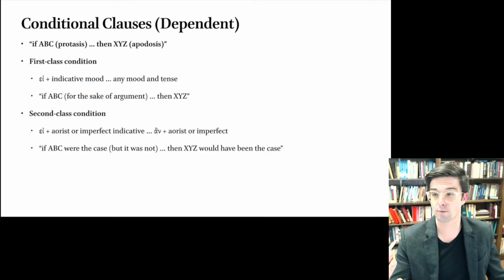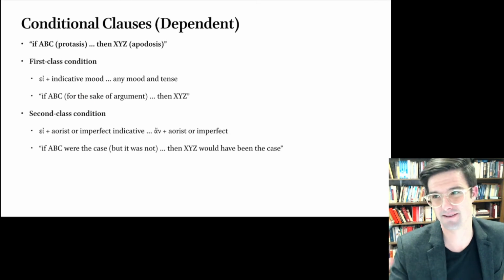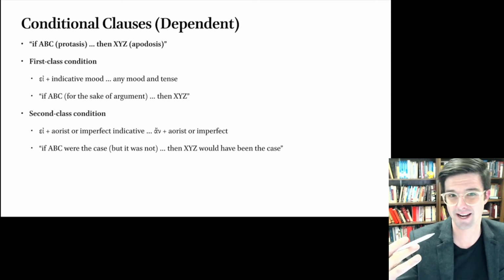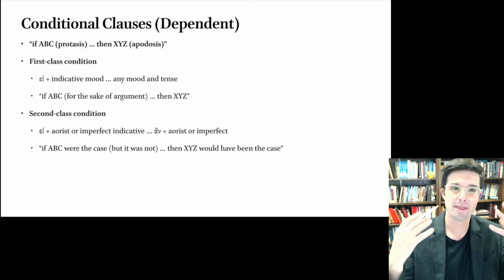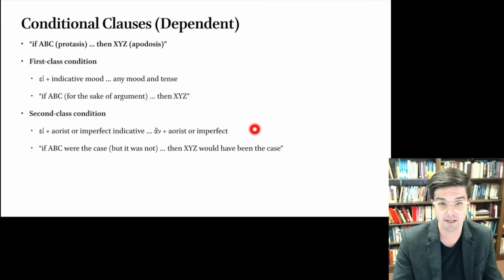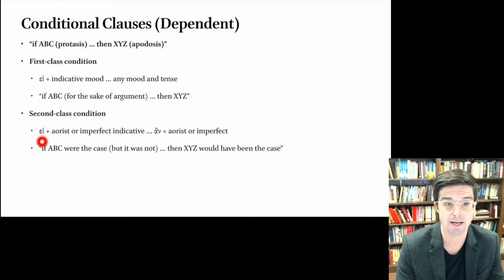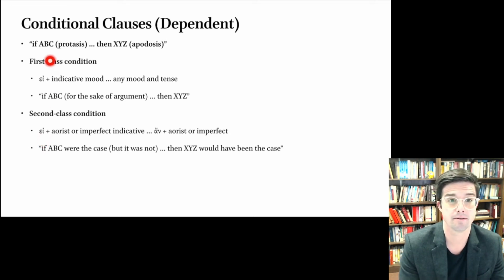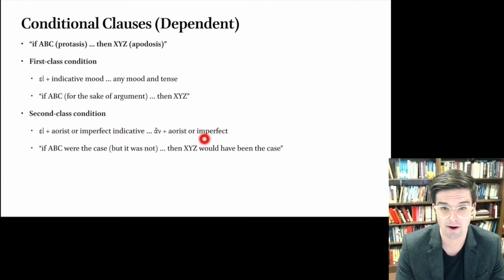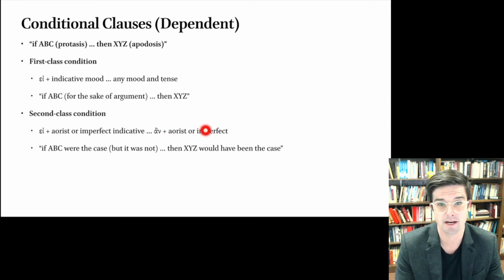The most rare, or the second most rare, I should say, the most rare is the fourth class conditional, not contained here. But of the three I'm going to list, the most rare in the New Testament is the second class conditional, where you again have ei, meaning if, in the if clause, the protasis, but you have an aorist or imperfect tense indicative mood verb with an, and an accompanying aorist or imperfect in the apodosis.